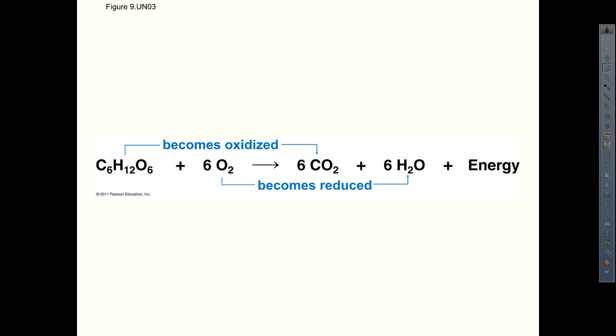Again, that's the overall equation. You can see that this carbon here has become oxidized because it has no more hydrogens, and we're really looking at those hydrogens as those electrons. Then this oxygen becomes reduced because it has gained these hydrogens.